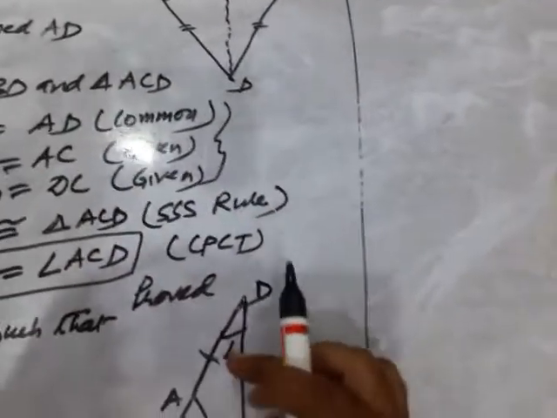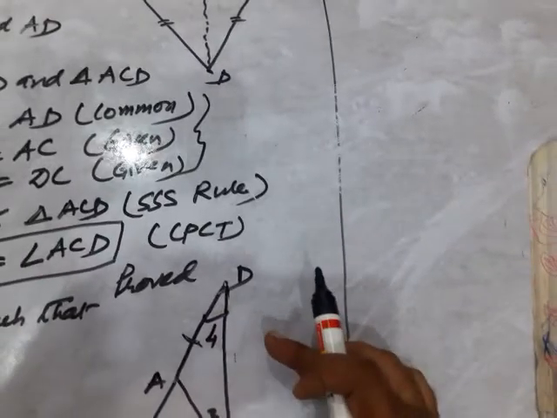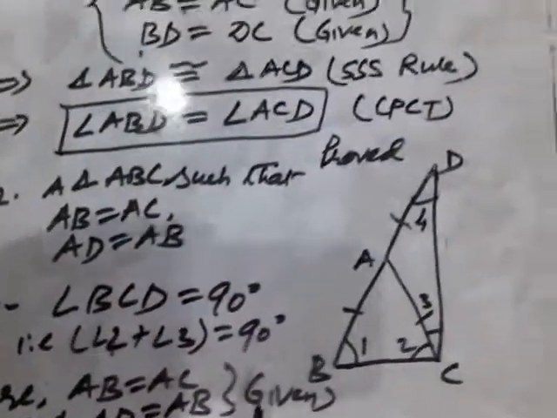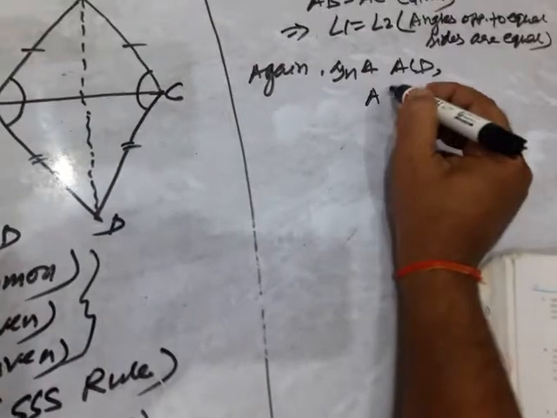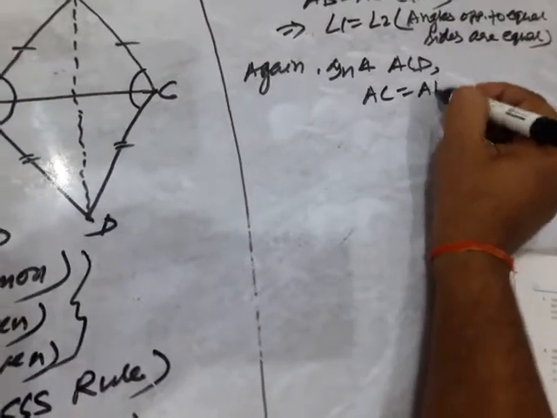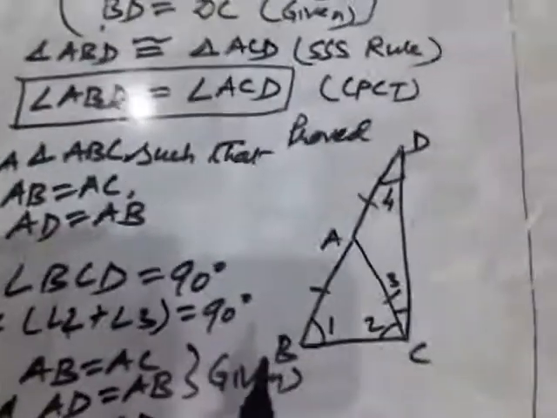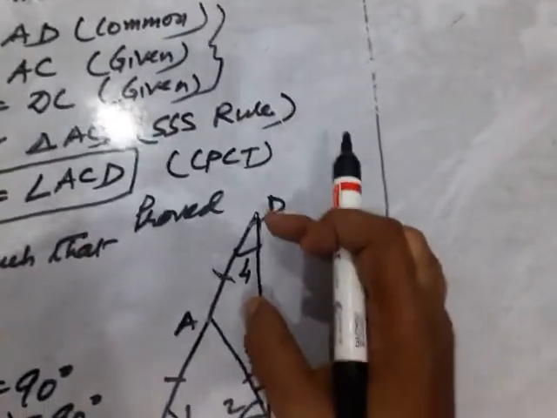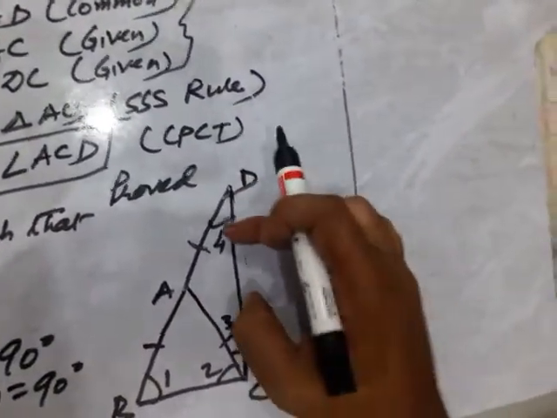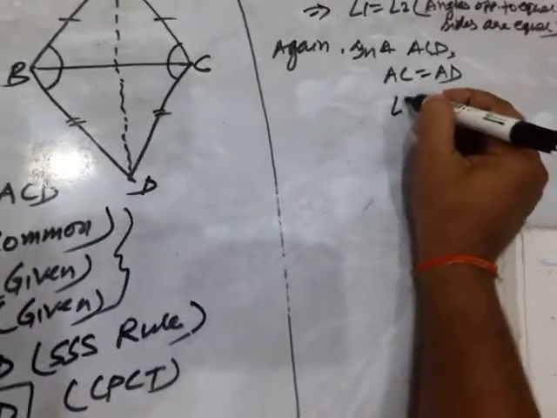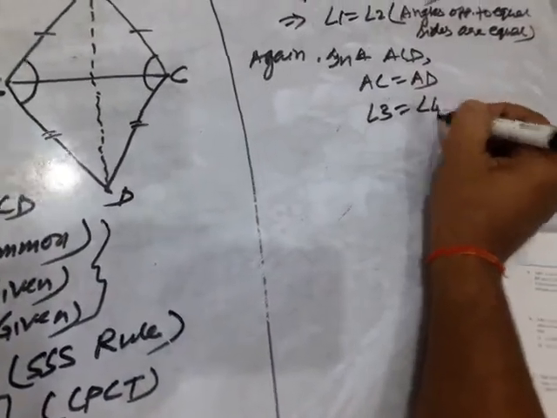AC equal to AD, it is given here. What does it mean? Angle 3 equal to angle 4.